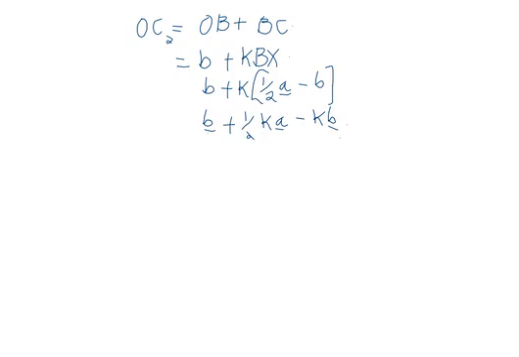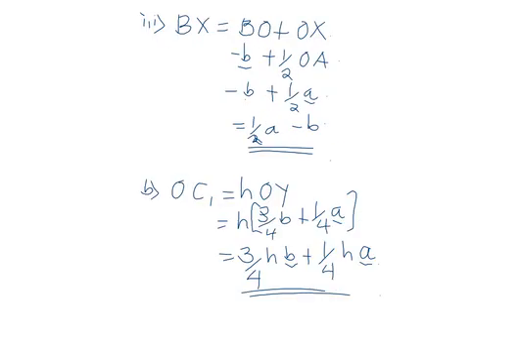Now we can collect the like terms together. We have B minus k vector B plus half k vector A. We can factor out vector B and this becomes 1 minus k vector B plus half k vector A. This is the second expression for OC, and therefore we can compare it with the first expression of OC.